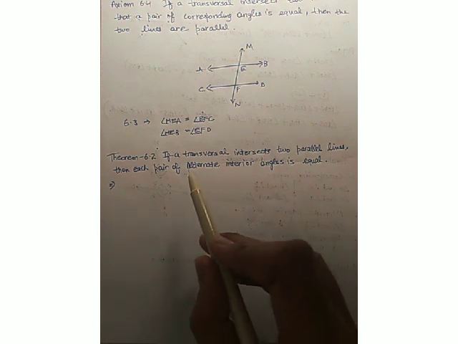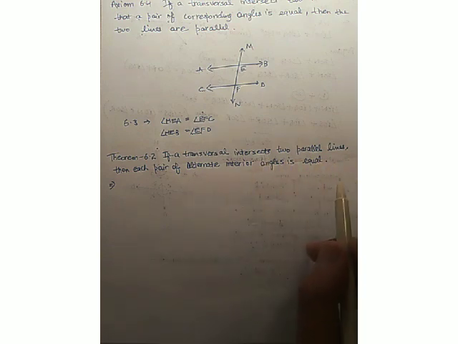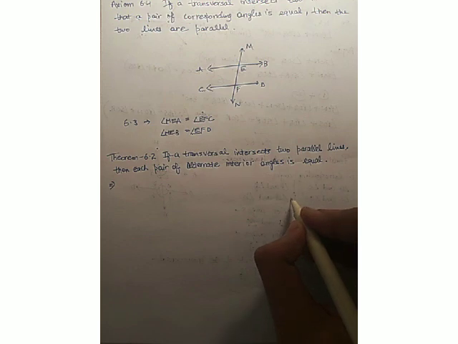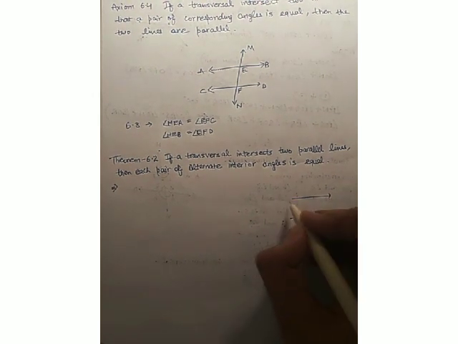Let's start with theorem 6.2 and read the statement. It states that if a transversal intersects two parallel lines, then each pair of alternate interior angles is equal. Now a transversal is intersecting two parallel lines. So let's draw two parallel lines. It's already given that the lines are parallel, so don't worry.